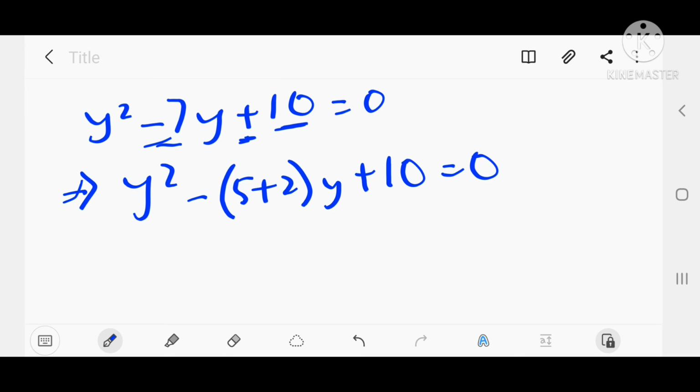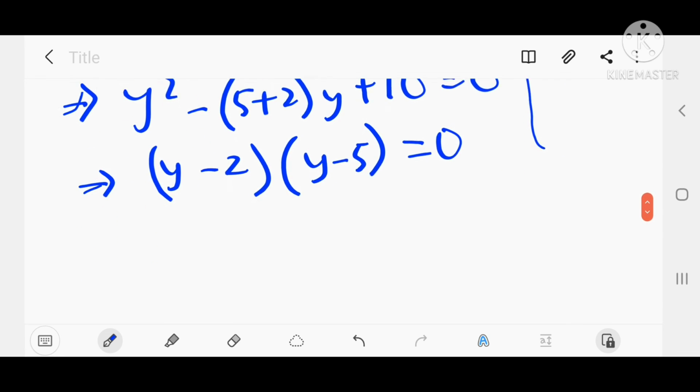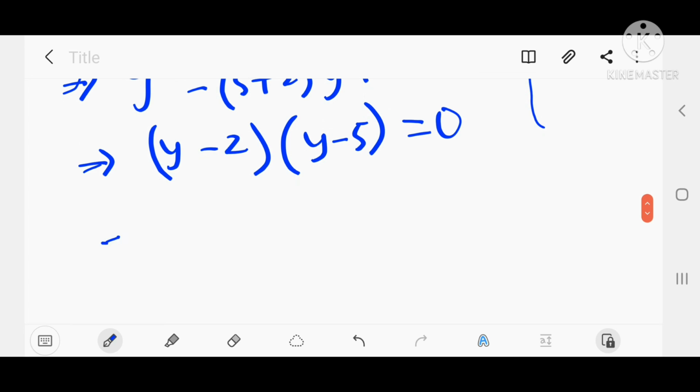If you factorize this, you have y minus 2 and y minus 5 equals 0. That gives us y equals 2 or y equals 5.